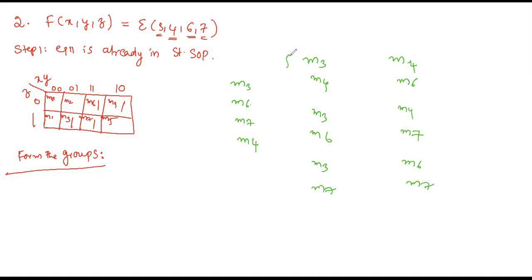Now you need to check the adjacency. X, Y, Z. M3 means 0, 1, 1. M6 means 1, 1, 0. M7 is 1, 1, 1. M4 is 1, 0, 0.